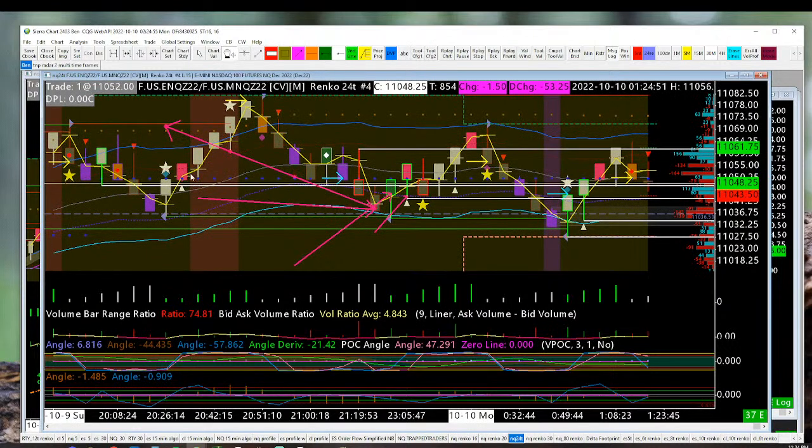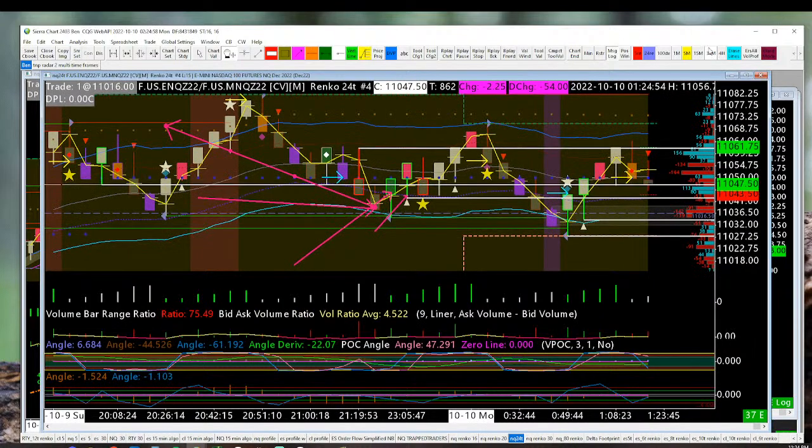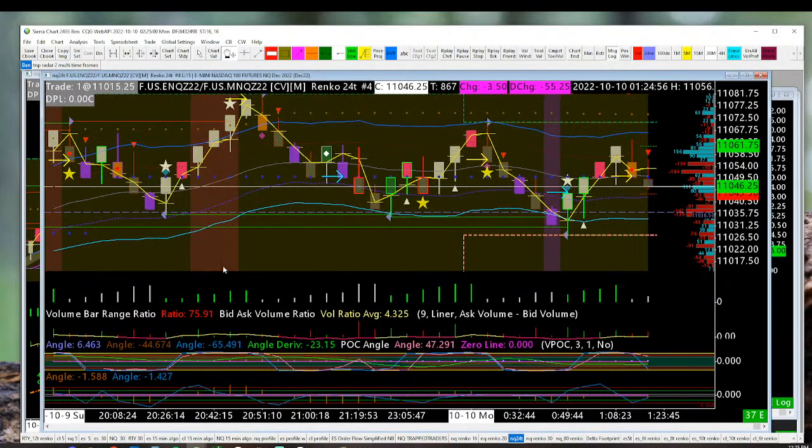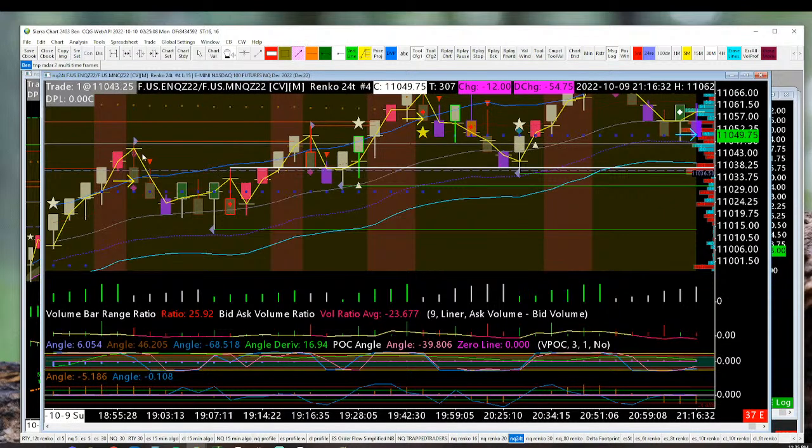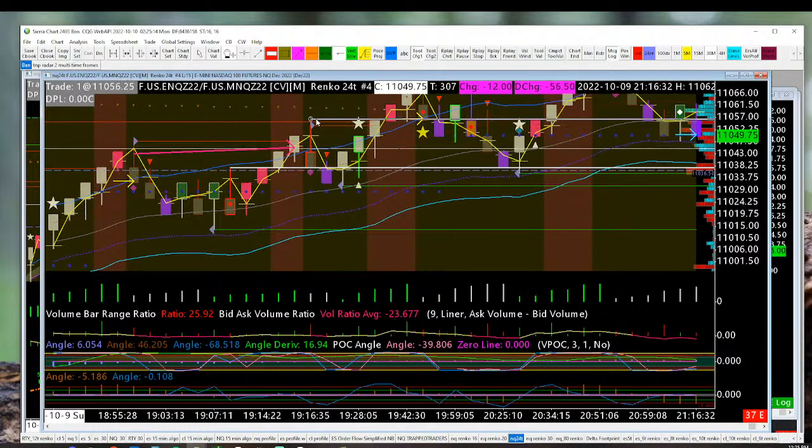Unless there are trapped shorts below us. Let's double check. Ooh, trapped short right here. So he got trapped right there. Pulled back. Oh, then we got another red bar. He got trapped right here.